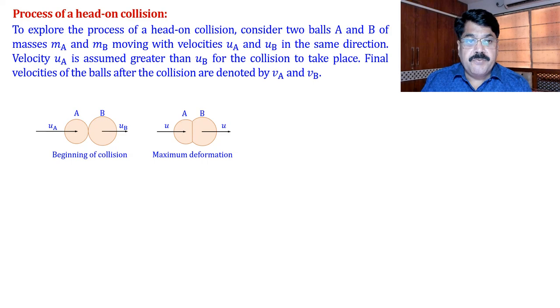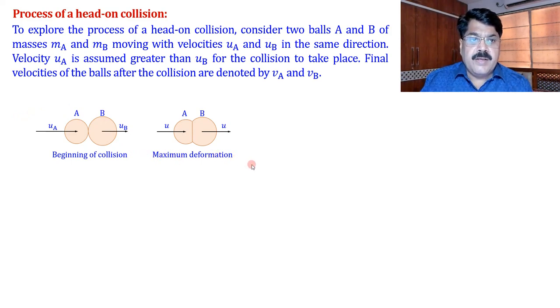And this deformation process will keep on increasing. Till the deformation is increasing, the velocity of ball A will be greater than that of ball B. But when the deformation is maximum, both the bodies will have the same velocity. So this state we call maximum deformation.